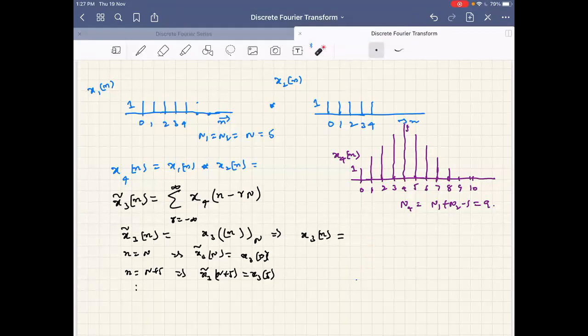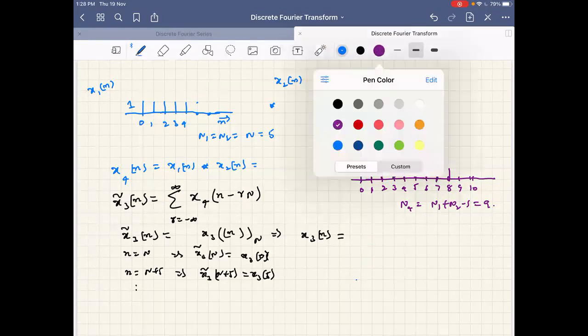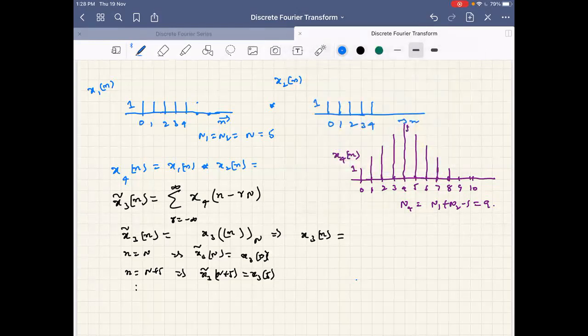So I will now write it explicitly, with different sketches. This one has two components. I will write the expression and then write this summation, r equal to 0 and 1, because only r equal to 0 and 1 have samples here.